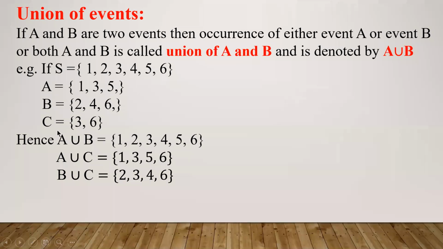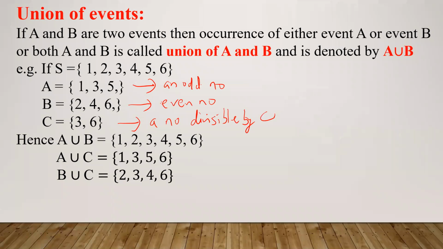If I take A, B, C as the events, A is the event of getting an odd number on the uppermost face of the dice, B is the event of getting an even number, and C is the event of getting a number divisible by 3. I have taken these 3 events to show you how to find A union B, the union of two events.